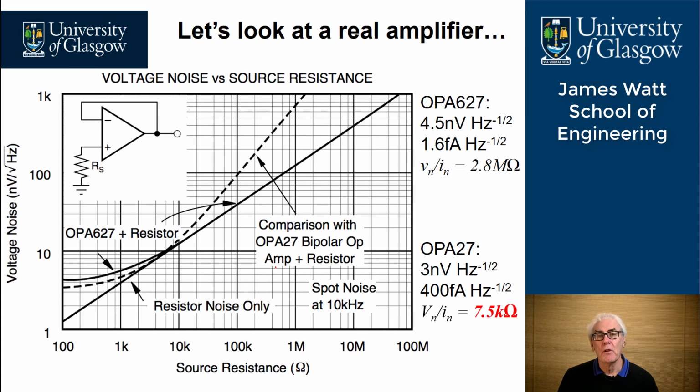So now let's go on and look at some real amplifiers. Here we've taken an extract from an OPA627 datasheet. You can go onto the datasheet, I've uploaded it onto Moodle, and you can look at the real curves. What we have here is the noise curve for an OPA627 plus a given resistance, and we've got our schematic drawn up here in the corner.